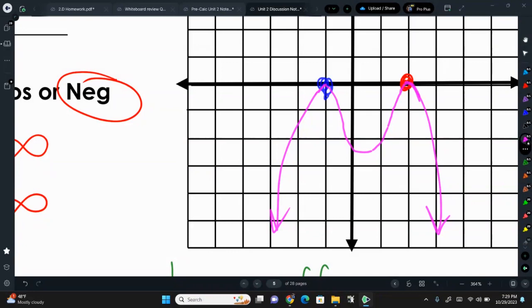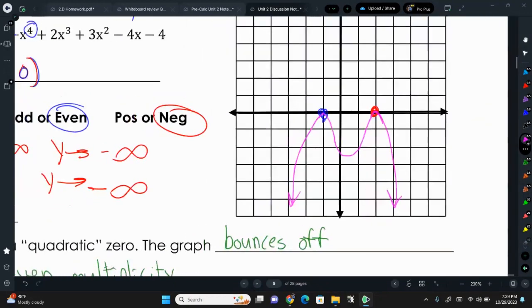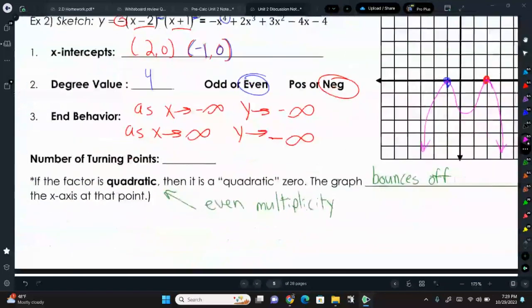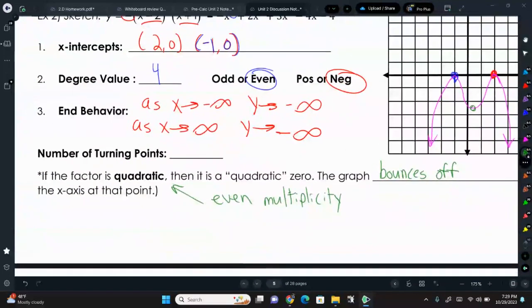Okay, a bounce, we're not changing the signs of the y values. We're staying below the x-axis. And you can see we have 1, 2, 3 turning points.